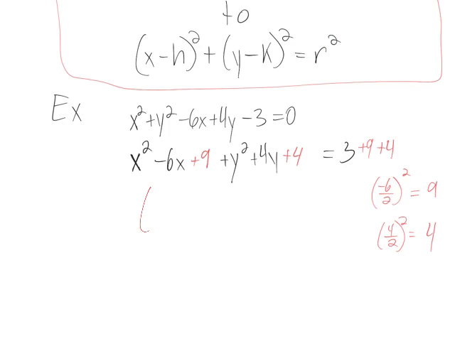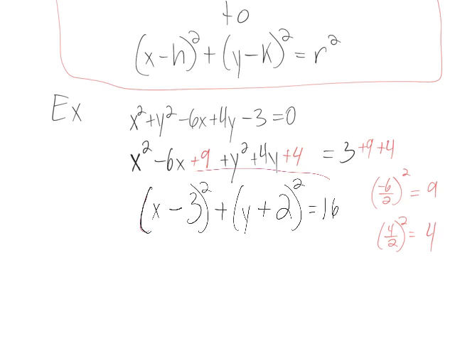So, sign on the second term, square root of third term, squared, plus square root of first term, sign on the second term, square root of last term, squared, and then our constant 3 plus 9 is 12 plus 4 gives you 16. And there is the standard form of that circle equation, okay?